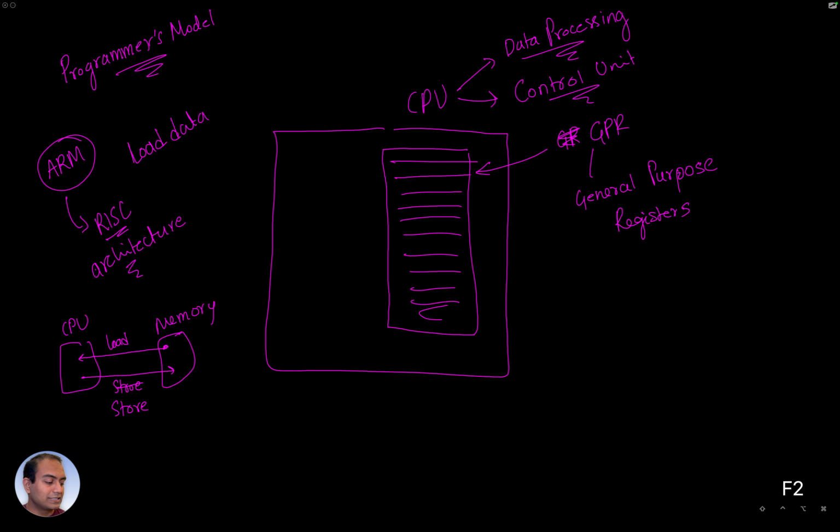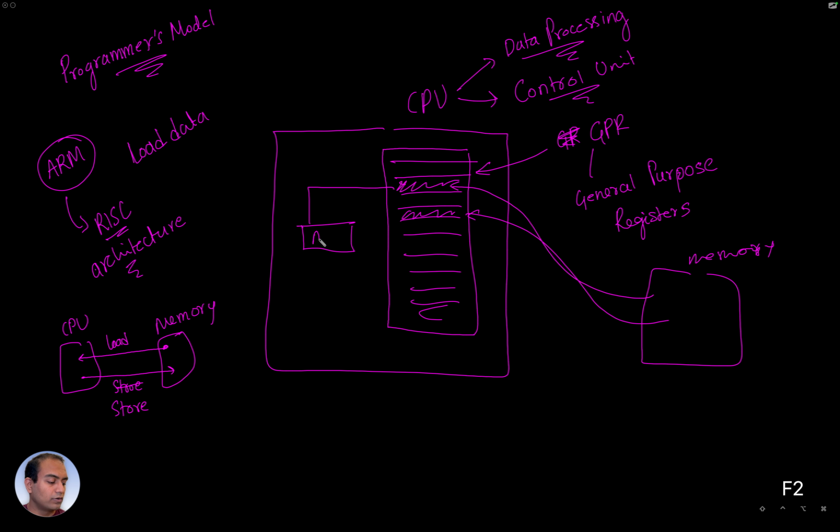So the data is essentially fetched from memory into the registers here, let's say different registers, and then the ALU, or the internal math circuitry, operates on these two registers and puts the answer back into some other register, and from there you send it towards the memory, right? So this was the load operation, this was the store operation, the load store architecture.